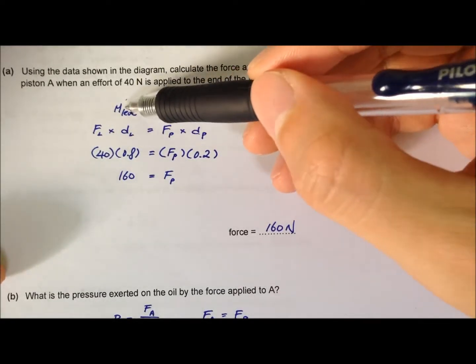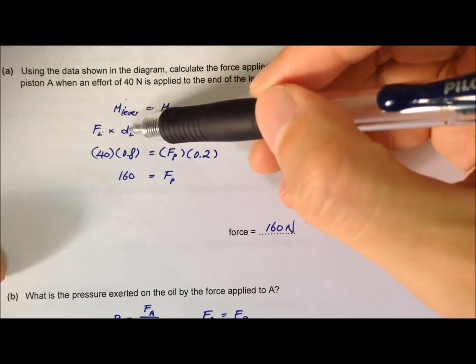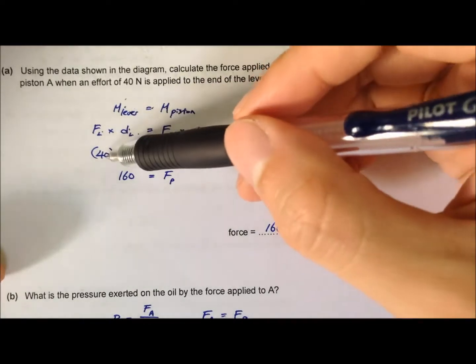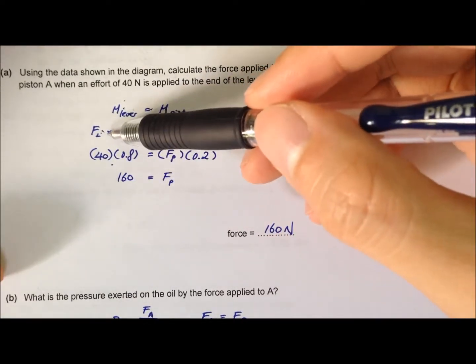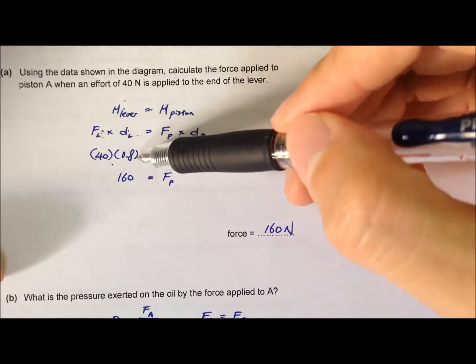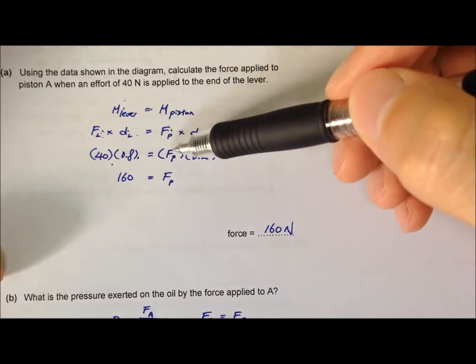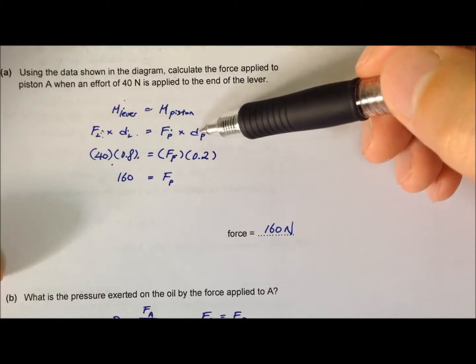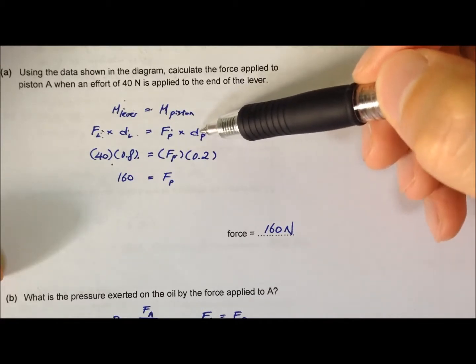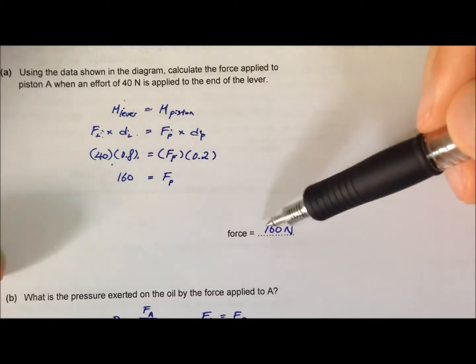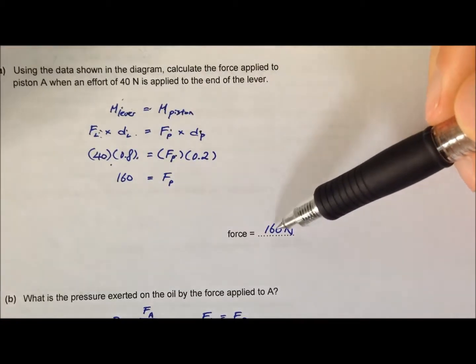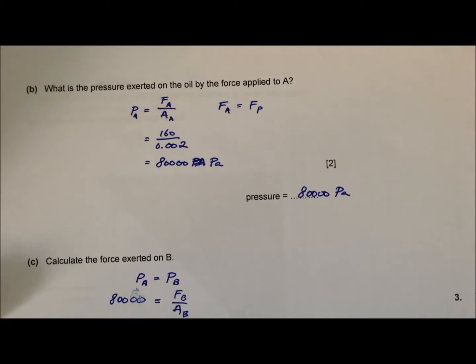So express the moment in terms of force and this perpendicular distance. Substitute the correct values. The force on the lever is 40. Distance from the force to the pivot is 0.8. Force on the piston you do not know, but you know that the piston is 0.2 from the pivot. So solve this equation, you'll be able to find the force on the piston.